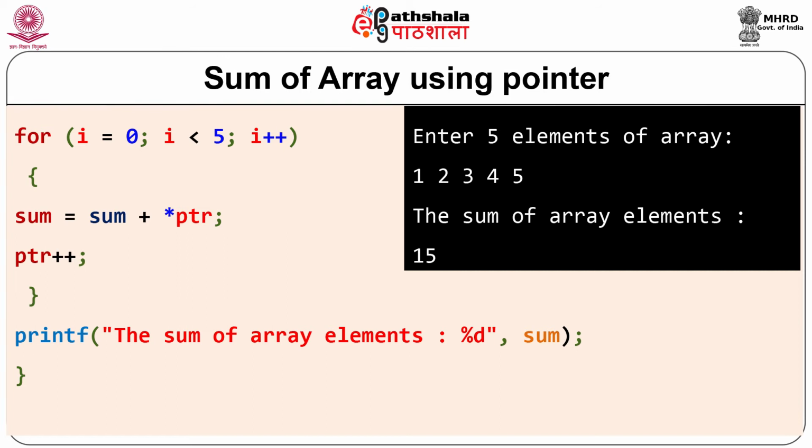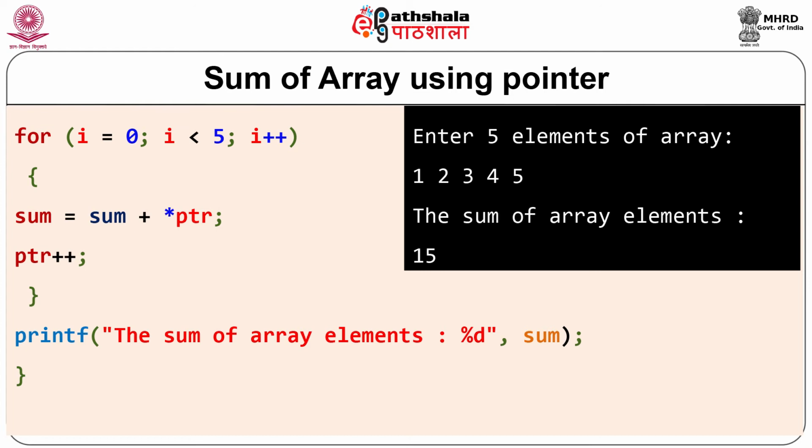After this we would like to print the result like sum of array elements %d comma sum and bracket close. If you run this program of sum of array using pointer, then you will get a message on the screen like enter 5 elements of array.